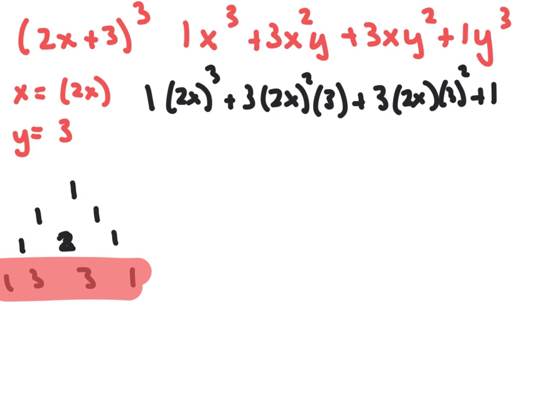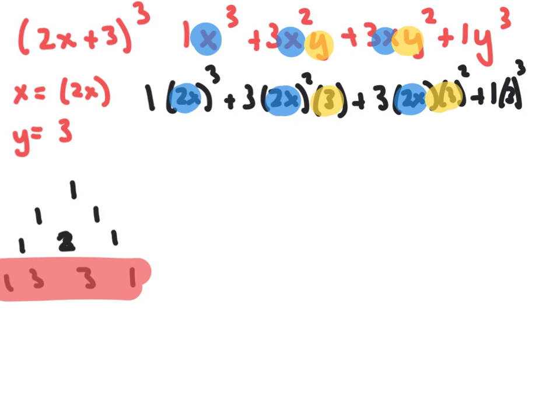And then I have 1 times 3 cubed. Let me make sure that it's clear to you what I did. Wherever I saw an x, I plugged in a 2x. Wherever I saw a y value, like here, I plugged in my 3. And now I just need to simplify.